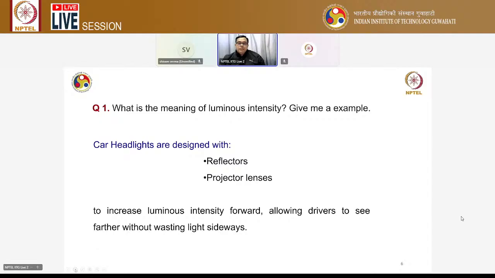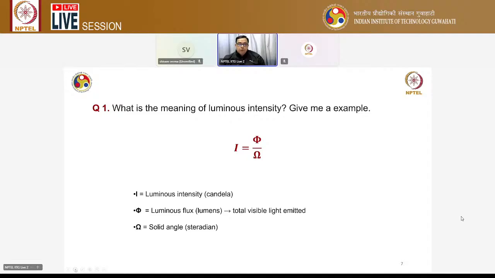In a nutshell, luminous intensity is about the light intensity in a particular direction. Basically, it's the flux per unit solid angle.